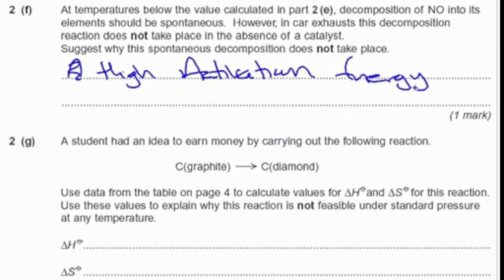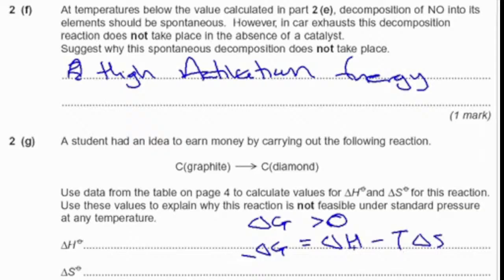Okay. Now, if it's not feasible at any temperature, that will mean delta G is always bigger than 0, no matter what happens. So if I look at the formula, delta G is equal to delta H minus T delta S. Now, you'd think the bigger this quantity gets here, at some point, no matter how big delta H is, take away a positive number, the point will get big enough for it to become 0.